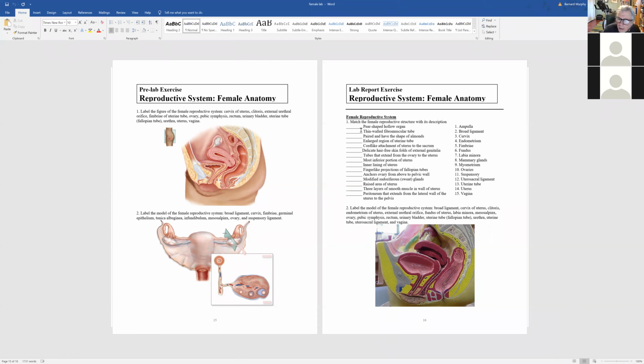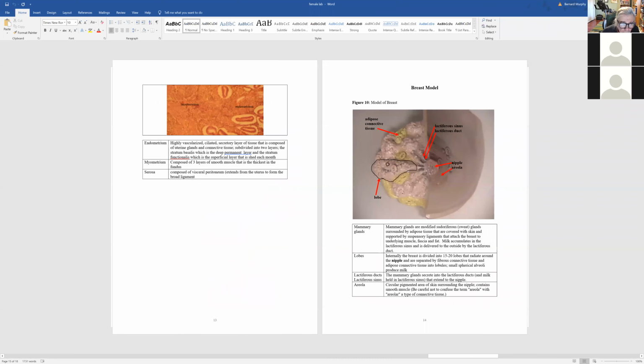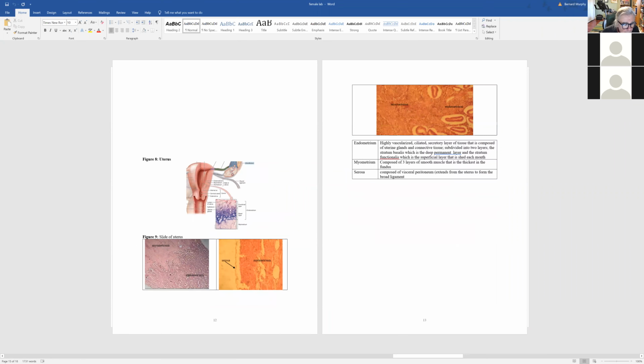suspensory. Now, wait a minute. I think it's going to be broad ligament. Change that to broad. There was no suspensory ligament on this model. I don't know where they got that.